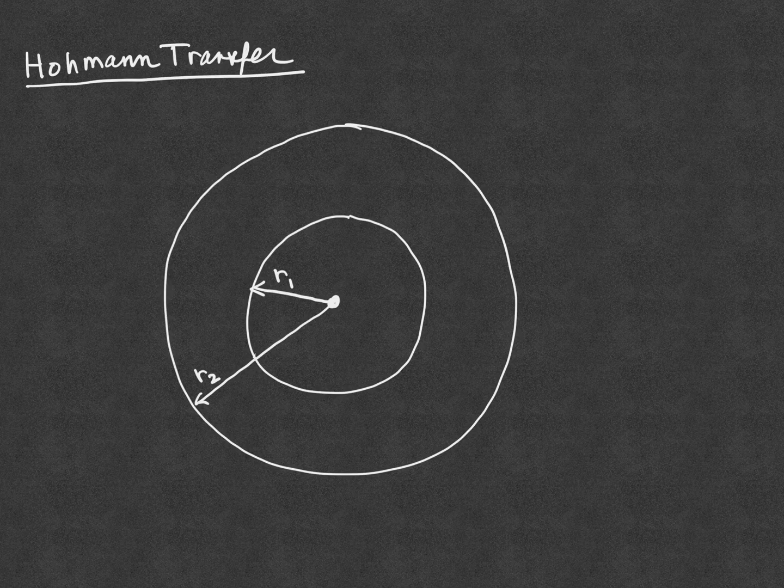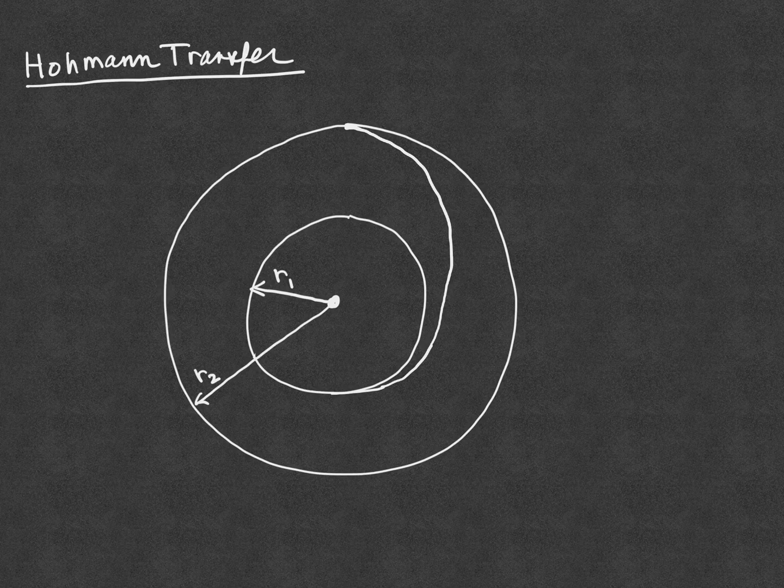It's tangent to the initial orbit at the point of application of the first impulse. So that's at the bottom of this diagram. I have this first impulse, and it causes the spacecraft to move on an elliptic transfer orbit until it achieves tangency with the second orbit.